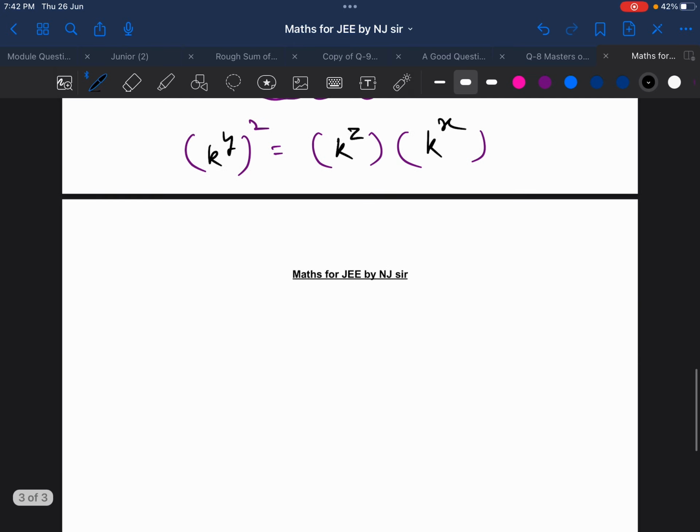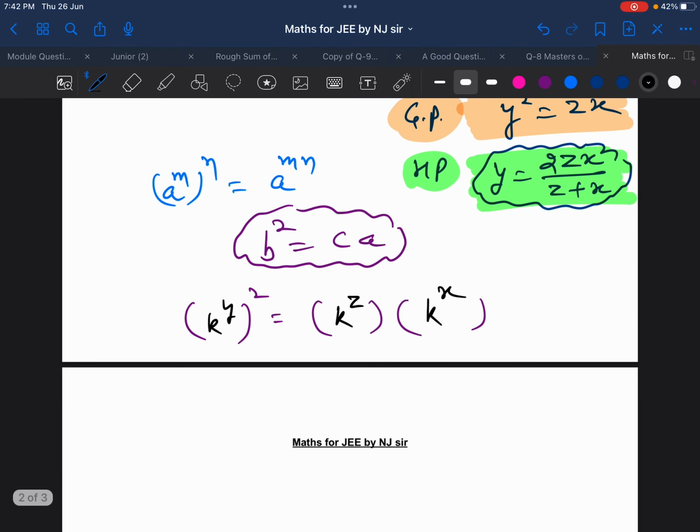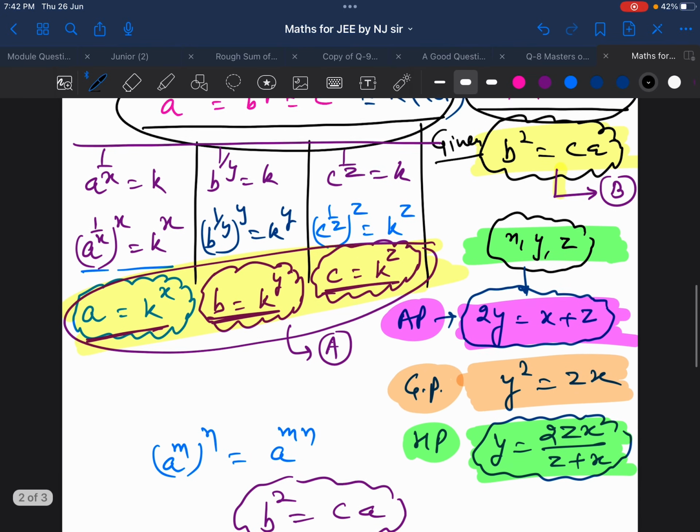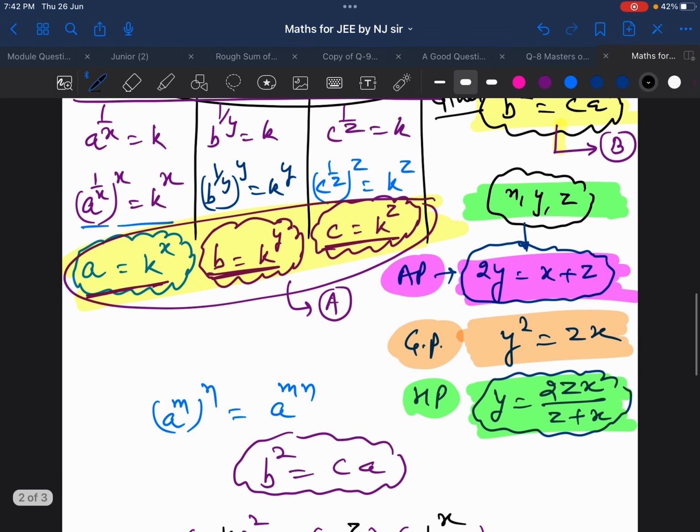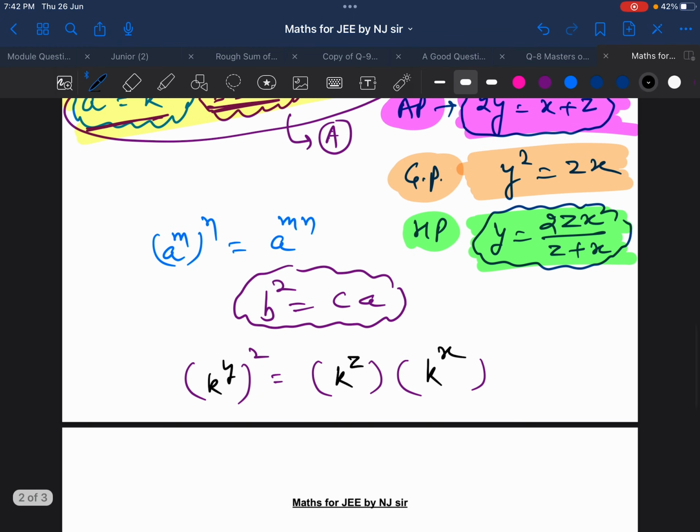So this question is not so difficult. This question is relatively easy if we have done basic questions of geometric progression and we understand the basic rules of exponents. Now I can see k raised to power y raised to power 2 can be written as k raised to power 2y equal to k raised to power z into k raised to power x, which can be written as z plus x.